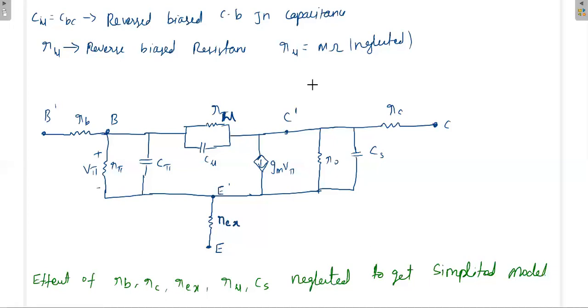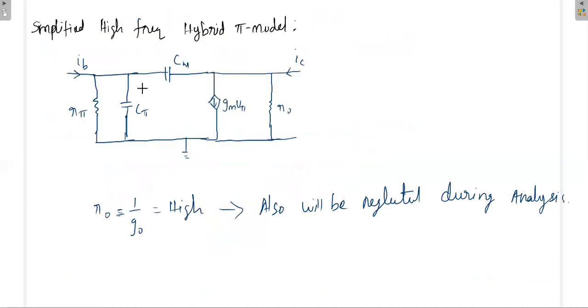Once you neglect these terms, this is the simplified model. Your IB is entering, this is R pi, C mu, R naught, GM into V pi going downwards. Then the resistance that was present here has been removed, so this is directly connected to the ground. In future, R naught is equal to 1 by G naught.